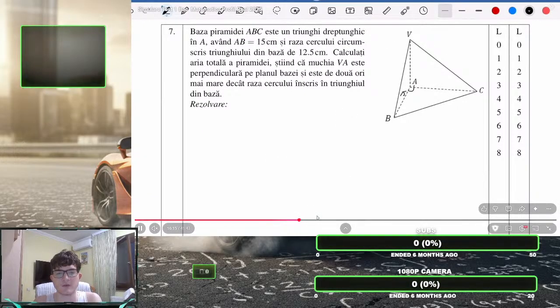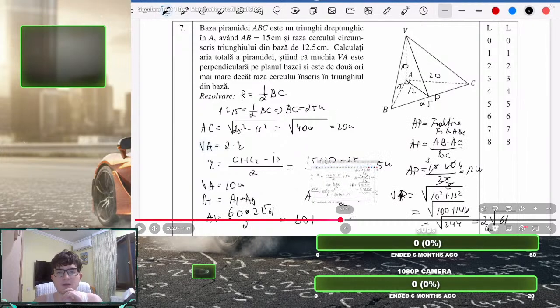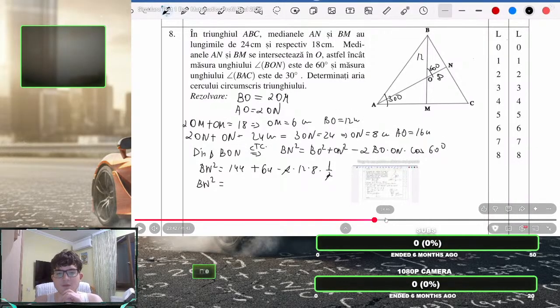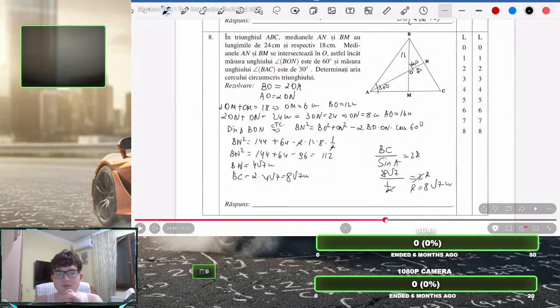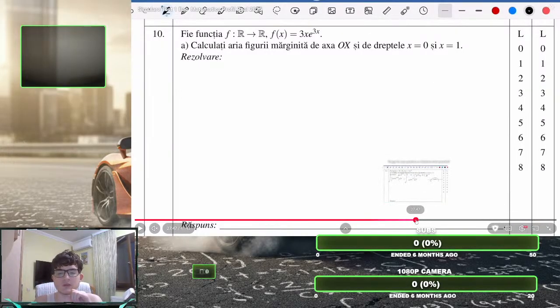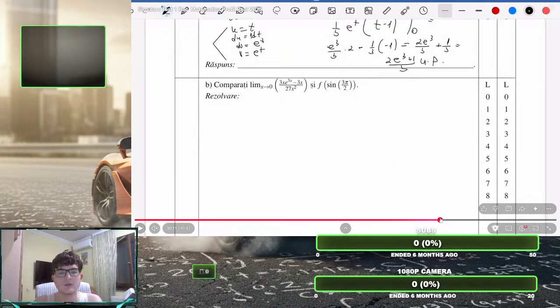Well, this is a bit advanced, so skip this. This is with a circle within the thing, so skip this. This is with sine or what? Is this with sine? Yes, it is. Obviously this for this. This for this.